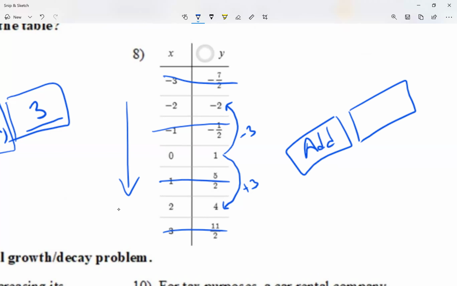However, I was not adding 3 for every square, right? Remember how I skipped a few steps, how I skipped a few questions? I was adding 3 every 2 steps. You see that? See how in the X value I went down 2, or basically every 2 steps? I was adding 3 every 2 steps, so we're going to call this 3 over 2.